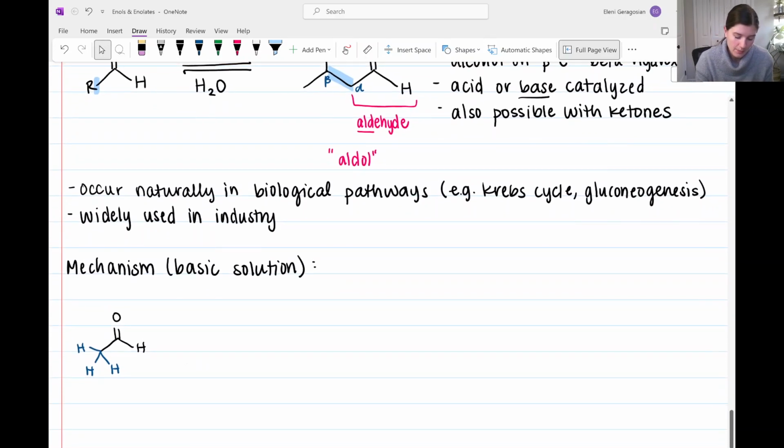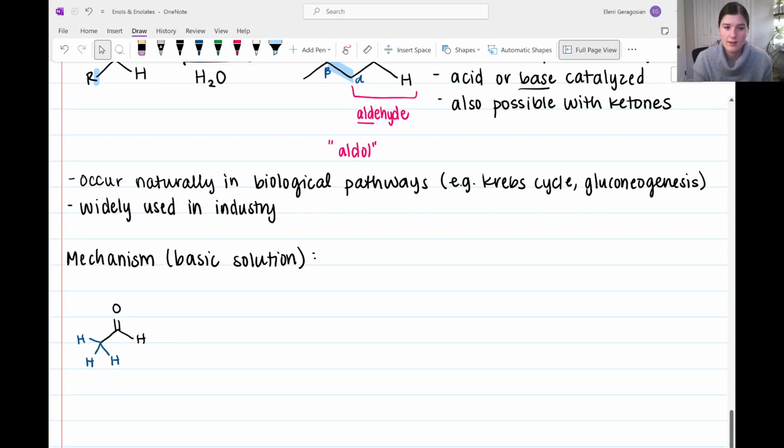So for the first step, we look at our aldehyde exposed to basic solution with OH minus from sodium hydroxide. We will remove an alpha hydrogen. So the first step is a hydrogen or proton transfer, and this is just forming the enolate ion.